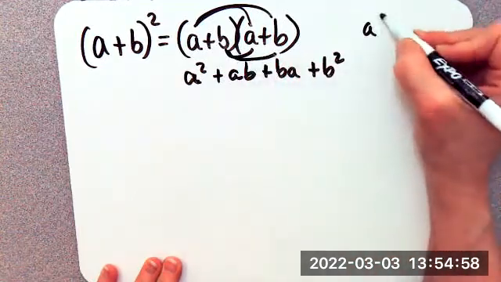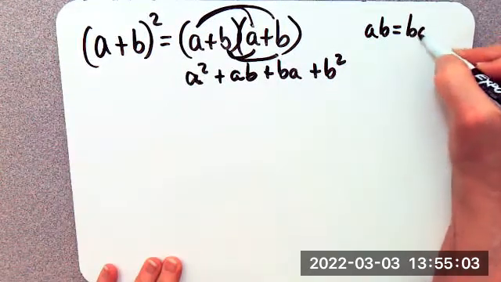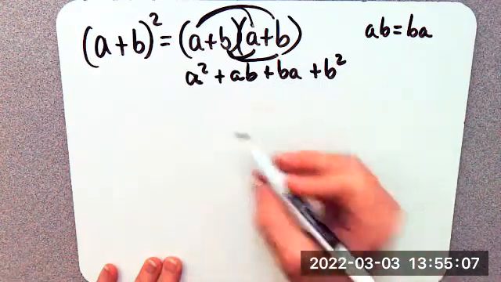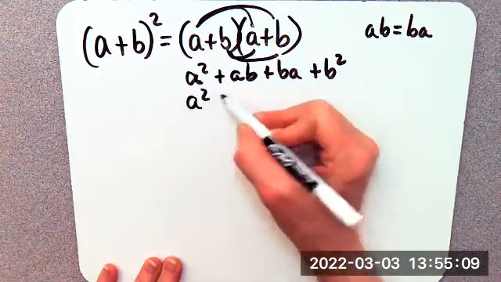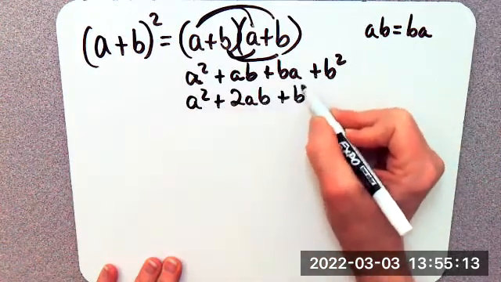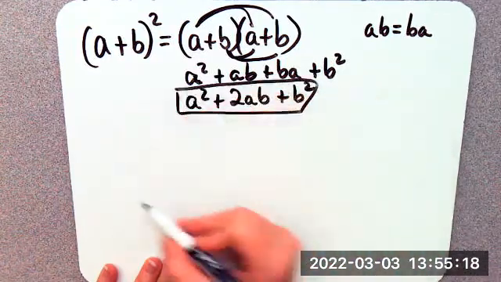Now, if we remember the commutative property of multiplication, it says ab equals ba. So these terms are identical. So then we end up getting a squared plus 2ab plus b squared. So that's one of our special cases.